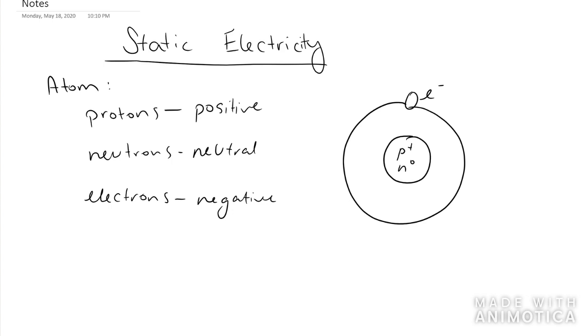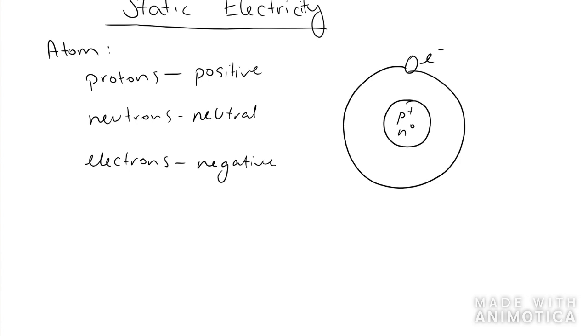Because the electrons are not part of the nucleus, and because they're found around the nucleus in these shells or energy shells, we can actually move our electrons, but we can't move our protons or our neutrons. This is something that we looked at when we were looking at chemistry. You could give or take electrons depending on what the element was, but you couldn't change the protons or the neutrons.